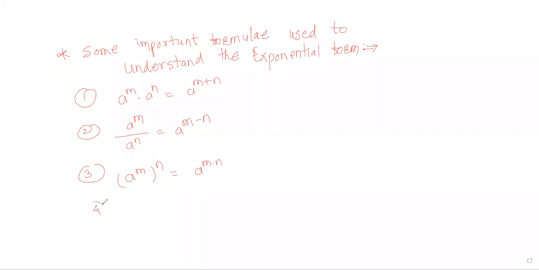Then fourth formula is the a raised to minus m is equals to 1 upon a raised to m. Then fifth formula is a raised to 0 is equals to 1. And sixth one is the a raised to 1 is equals to a. These are the 6 formulas.